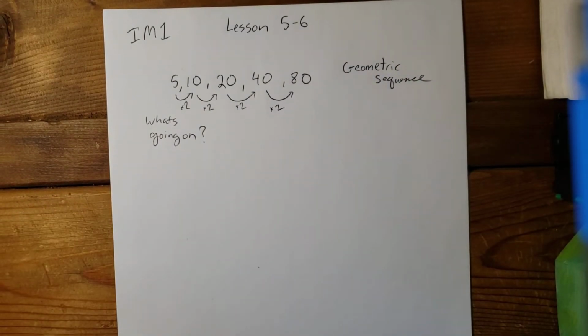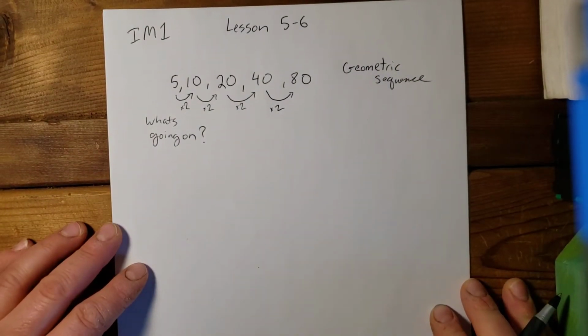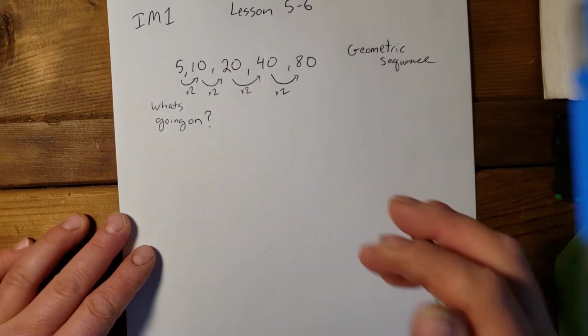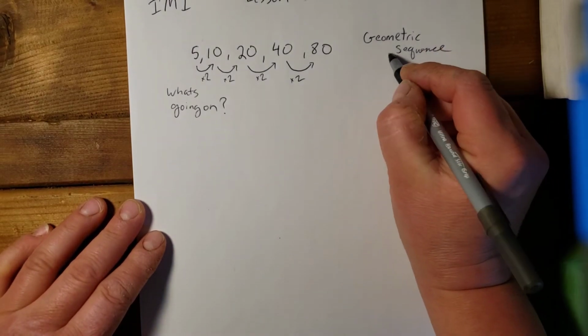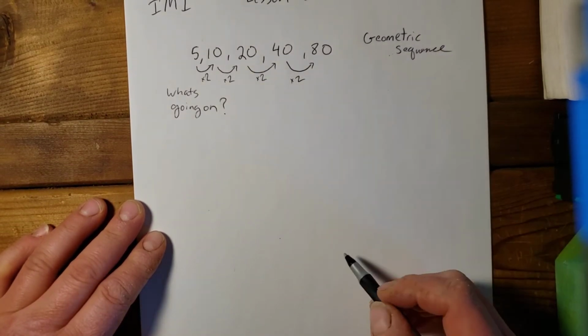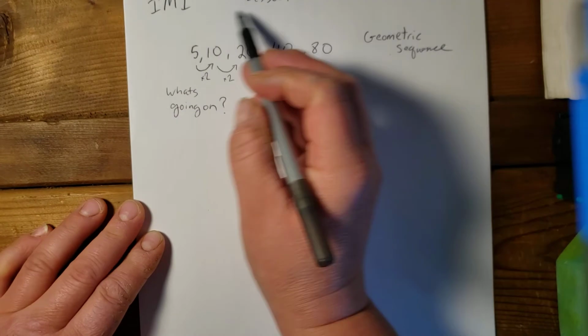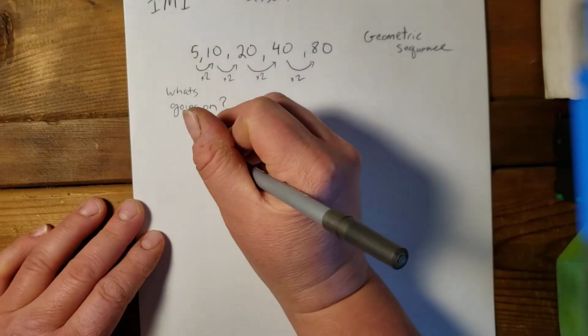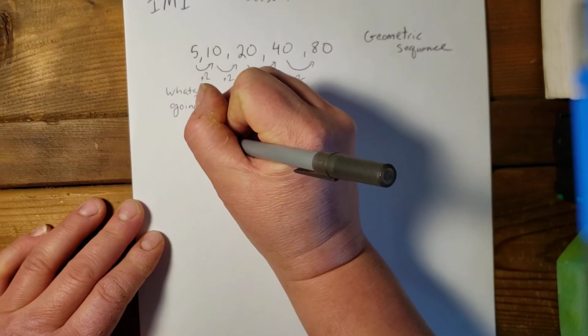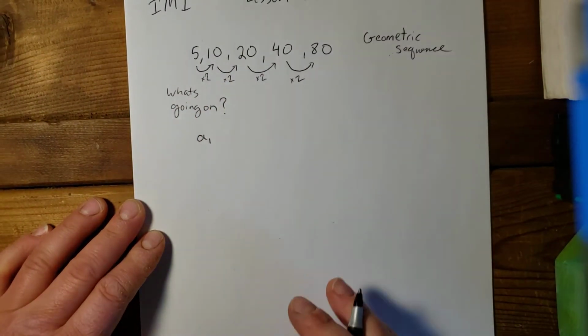What if we wanted to write this as a formula? All right, so let's write it as a formula. So we might need to define some stuff, right? A geometric sequence, we're going to define in a few minutes, but I'm going to tell you this is a geometric sequence, and let's talk about it. So the first number, I'm going to call this A1, okay? That's the first one in the series.